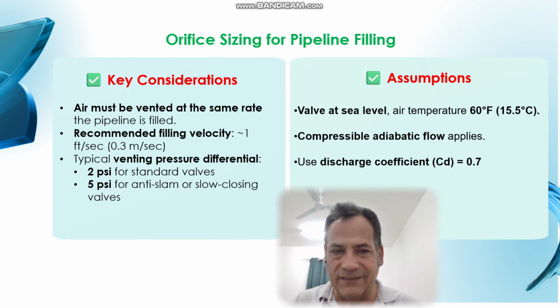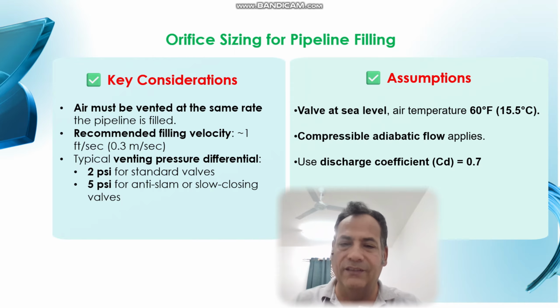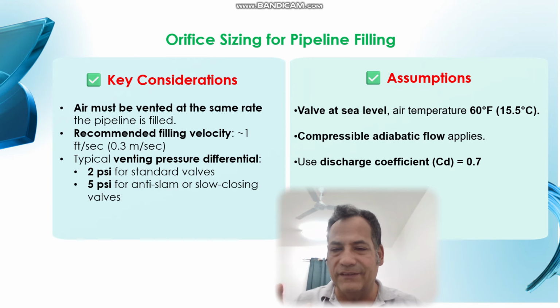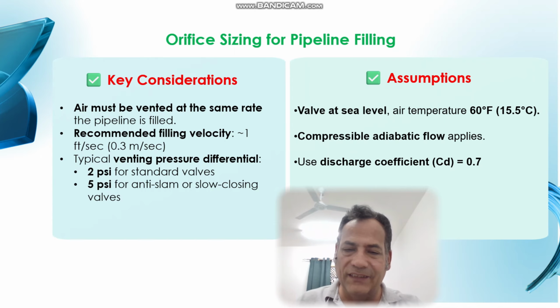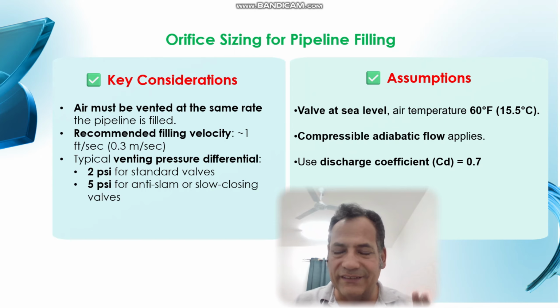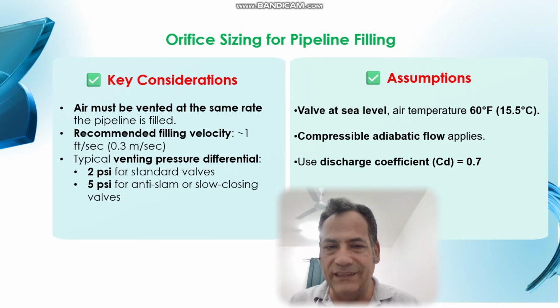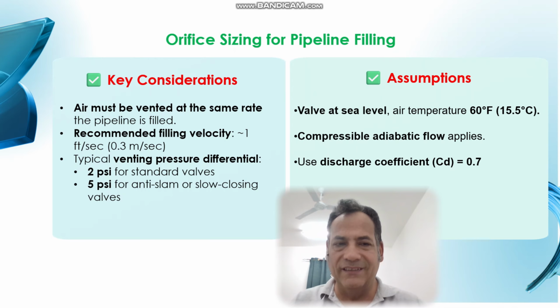It means whenever you fill water, the rate of water and the rate of air exiting the pipeline should be the same. Also the recommended filling velocity is 0.3 meter per second.